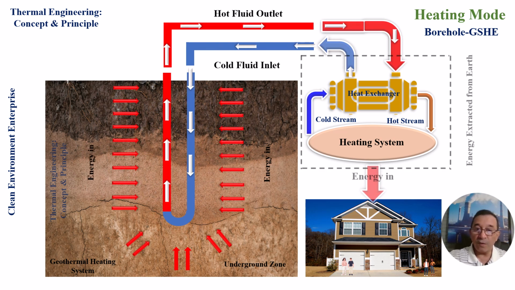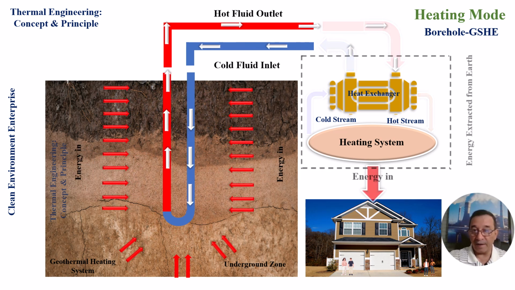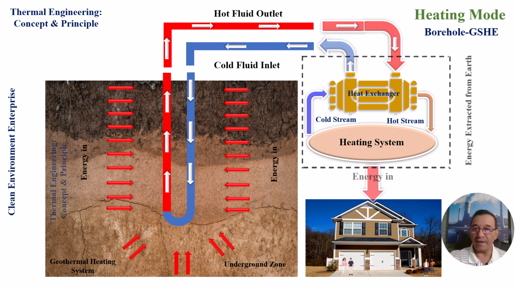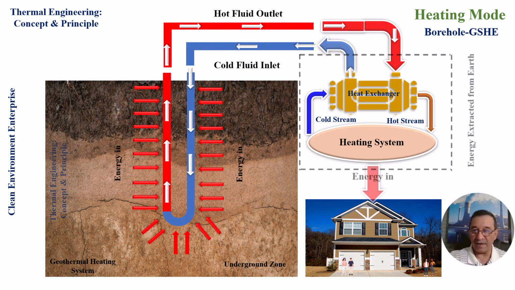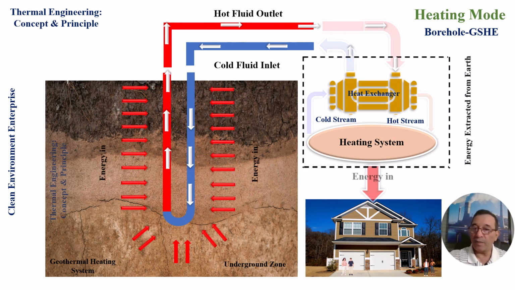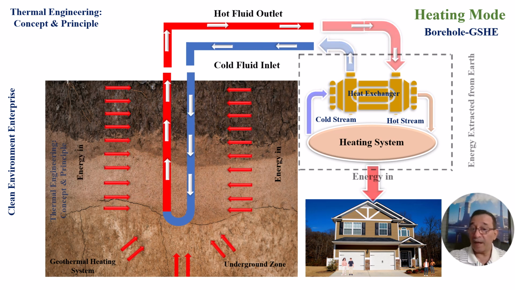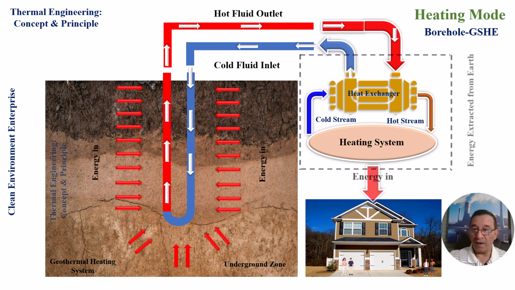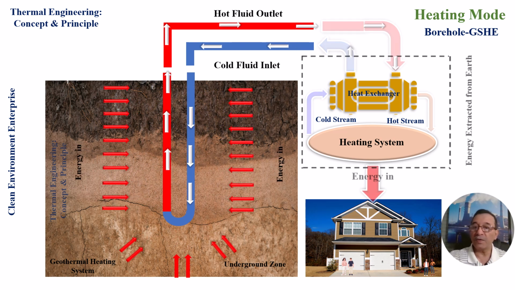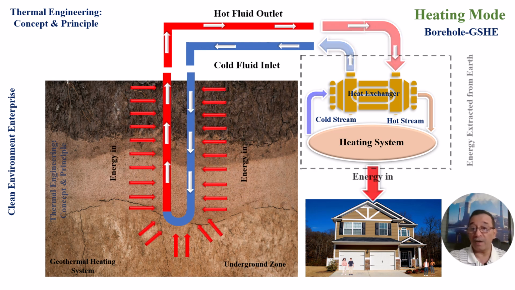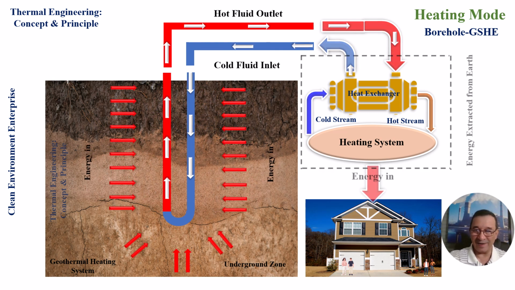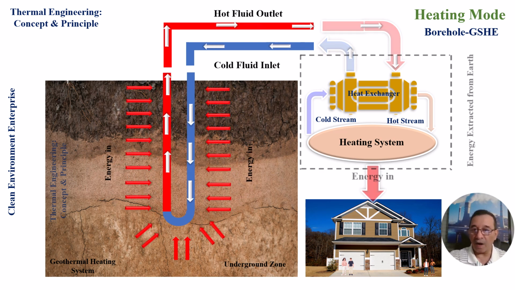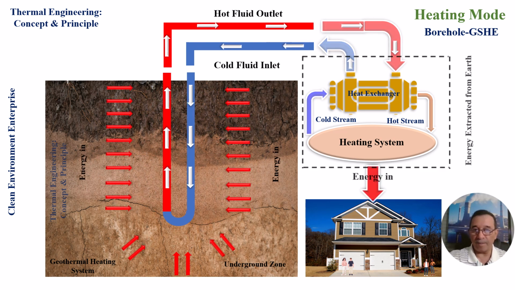Then this fluid will give energy to another circulated fluid, which we have explained in the previous slide, and that will provide energy to space. In that way, we have extracted energy from Earth and transferred to, for example, domestic use in this example, then heat can be transferred from ground to the utility.